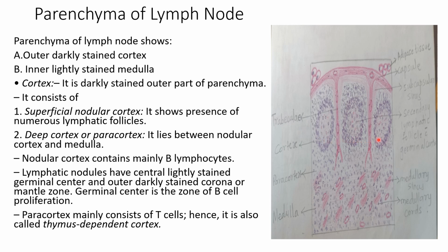Then deep to this area is the paracortex, known as the deep cortex or paracortex. It lies between the nodular area of the cortex and the medulla. In the paracortex, we mainly have T lymphocytes, and this area is known as the thymus dependent cortex.